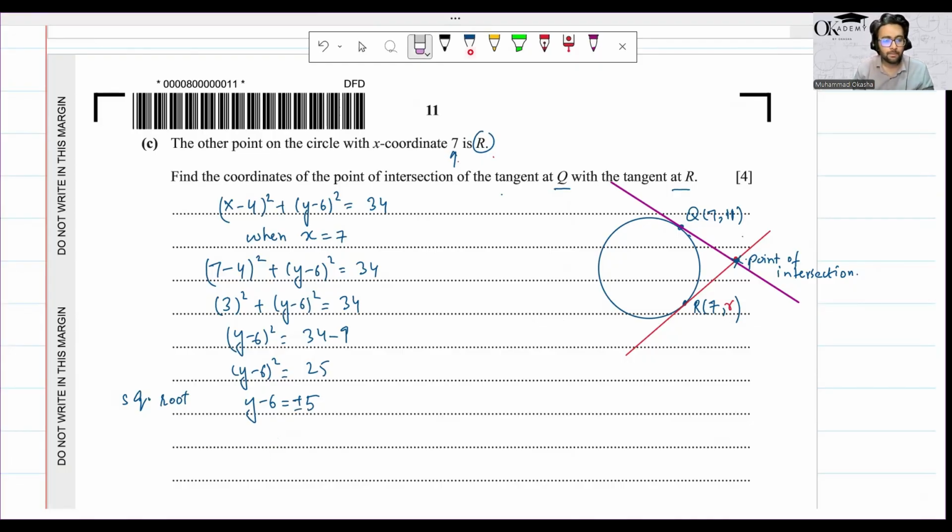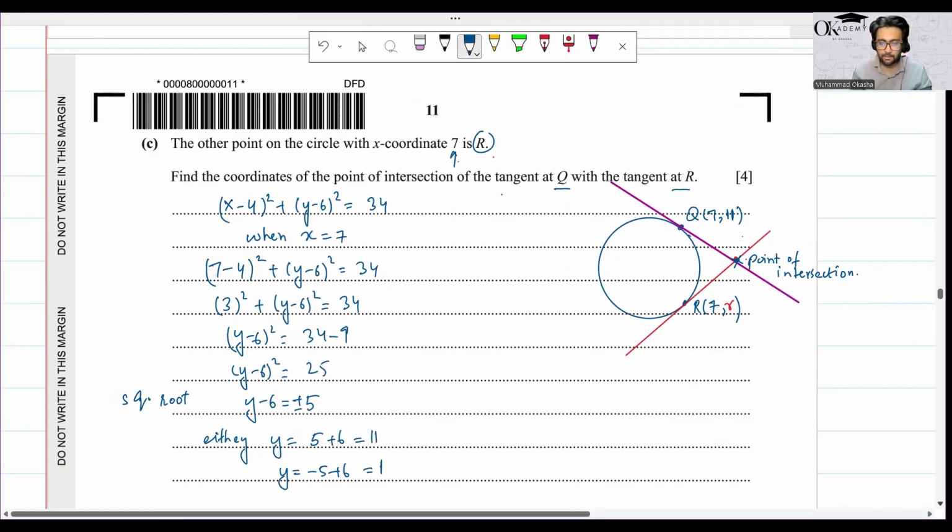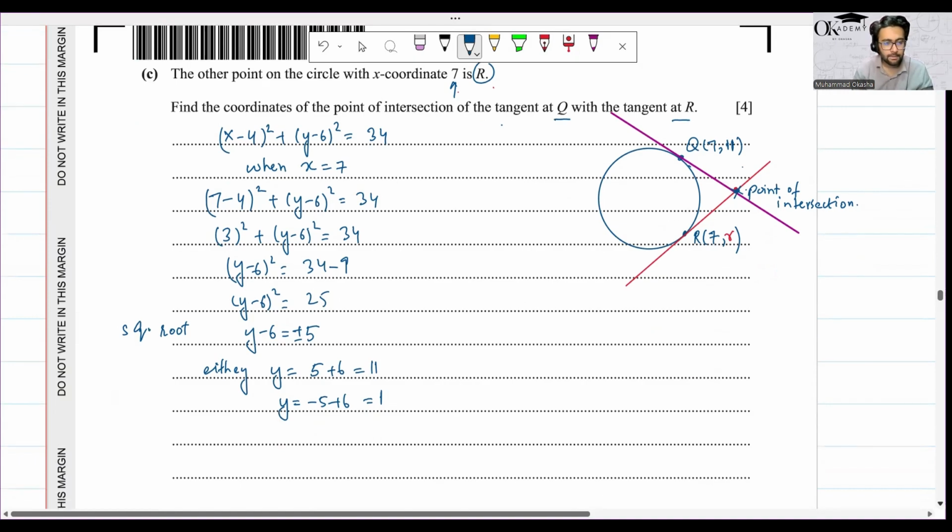So I'm going to get two values of y, either y equals 5 plus 6 or y equals negative 5 plus 6, which is going to give me 11 or 1. So the point R is either 7 comma 11 or 7 comma 1.